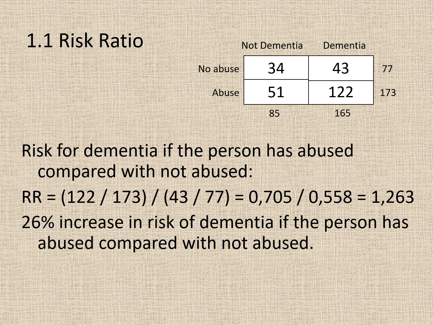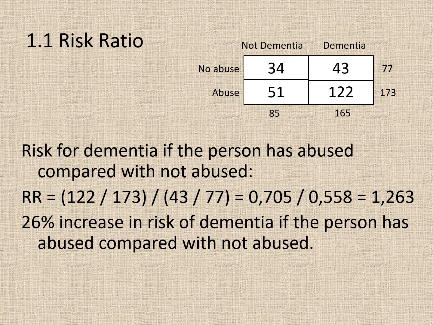I don't know what kind of sample this would be with those values, but let's imagine we have a sample with this combination of values. So we ask for the risk for dementia if the person has abused compared with not abused. How does abusing affect the risk of dementia?